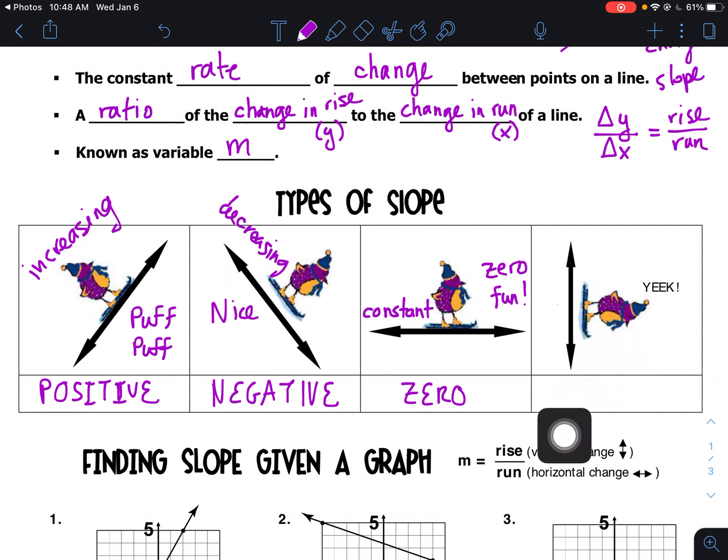And then this guy is freaking out because this line is undefined. He's falling down. Remember also, this line is the only line that is not a function, because it would have multiple outputs for the same input.